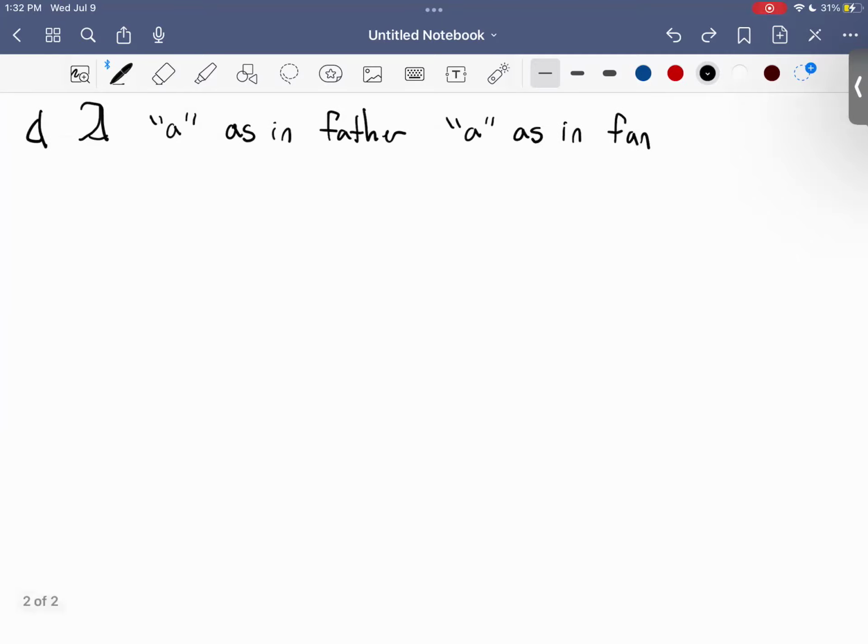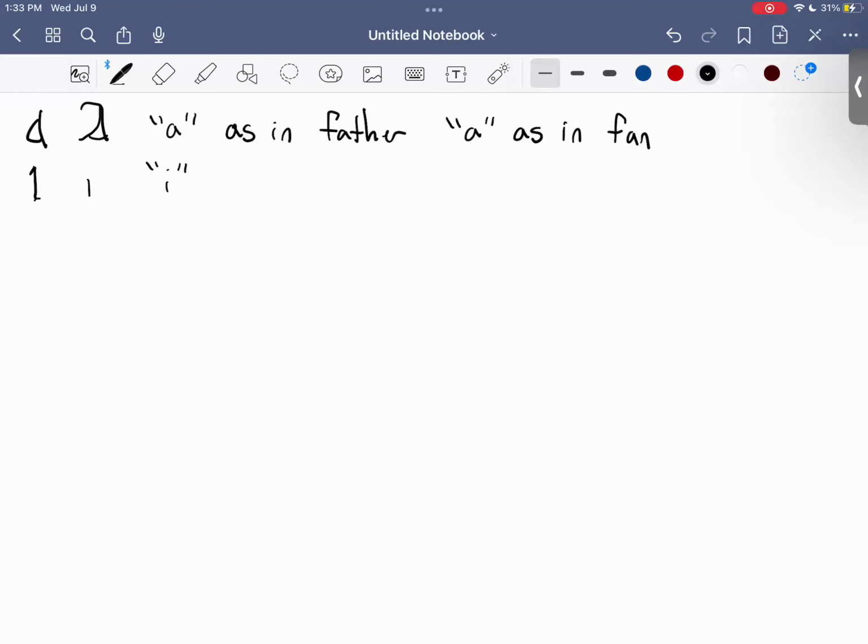The next one we're going to take a look at is the following. Its uppercase pretty much looks like a one almost, but it's pretty much the same. This one is called iota, and iota makes an I sound, as in sink.